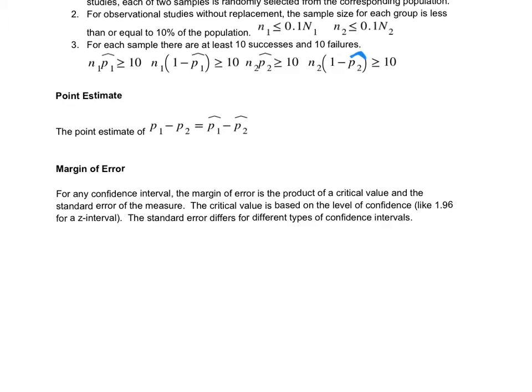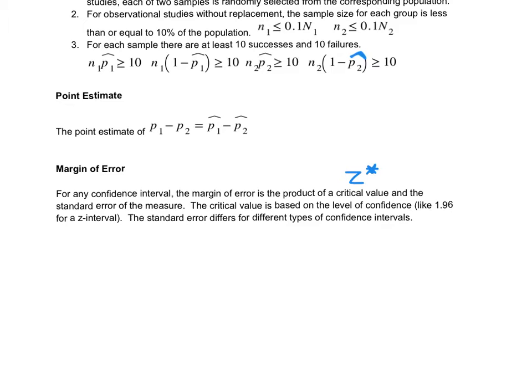Okay, generally, the margin of error for any confidence interval is the product of a critical value, that's your Z star, and the standard error. The critical value is the Z star that's associated with some confidence level.